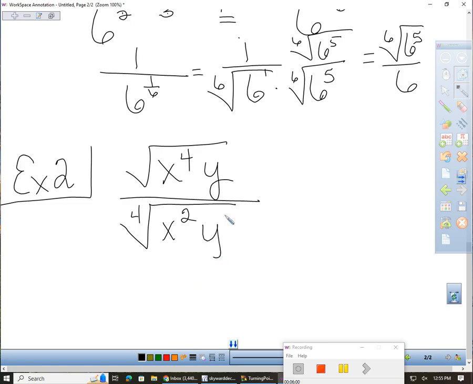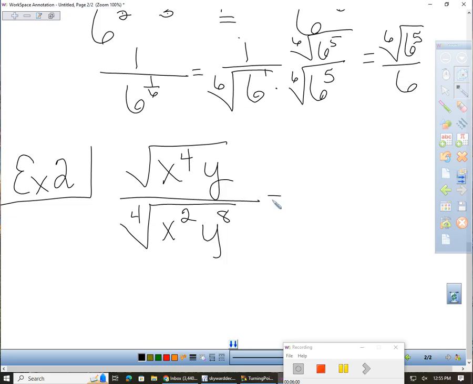All right. That looks good. Okay, so obviously we can't reduce this fraction because it's a square root on top and a 4th root on the bottom, right? So the easiest thing to do is to make them fractional exponents.